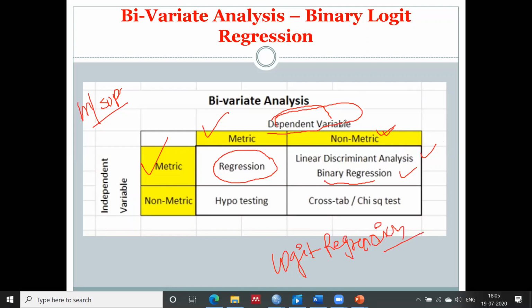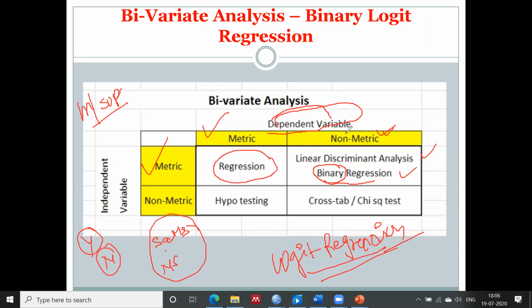So if your dependent variable is non-metric form, binary is what? Basically, if your dependent variable is dichotomous, like in yes and no form, you have only two categories in your dependent variable, right? No, yes, no, satisfied, non-satisfied, this kind of thing, right? So if you have this kind of dependent variable, then you have to apply the logit regression, correct?